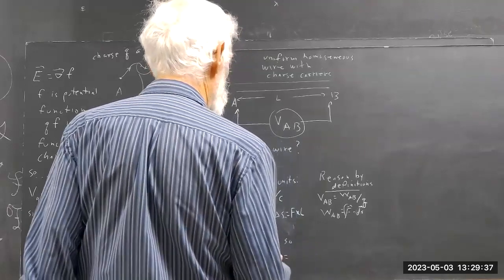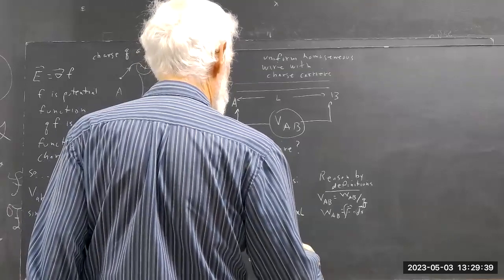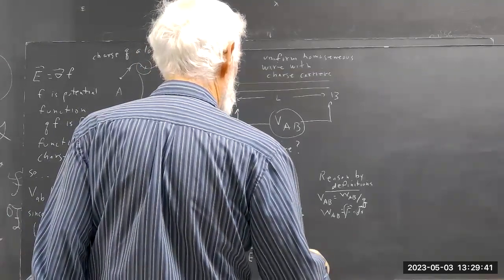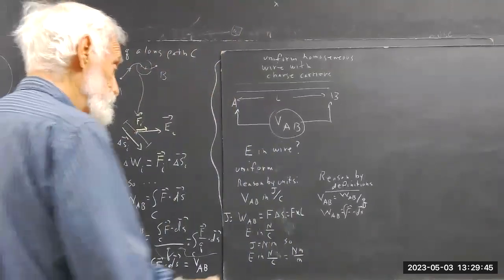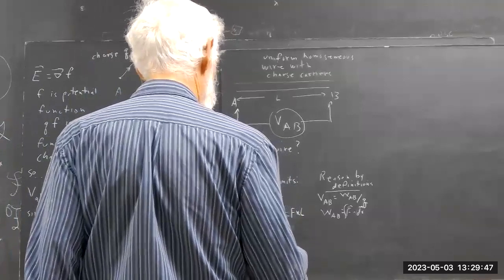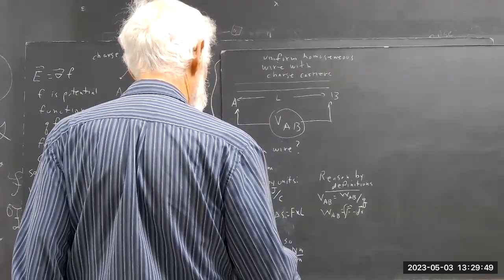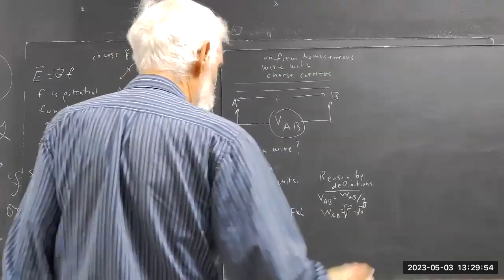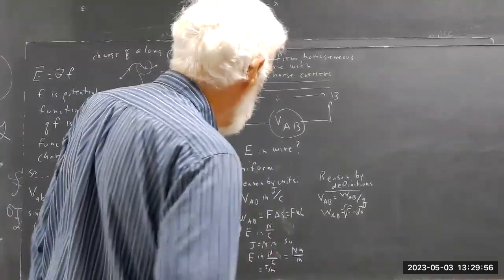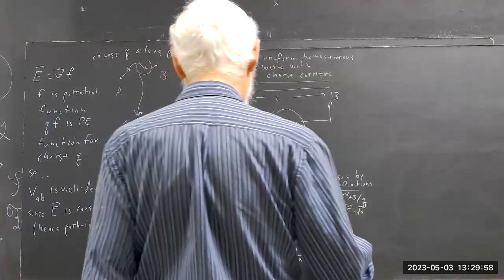And it's in newtons per coulomb, which is newton meters per coulomb divided by meters, which is joules divided by meters. Playing around with this.